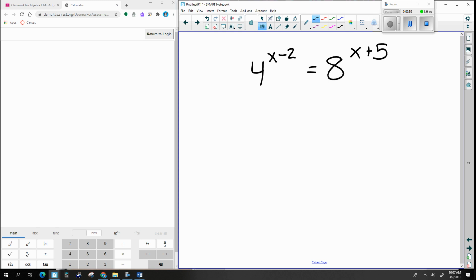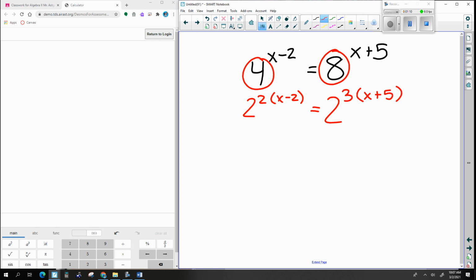What I can do is turn this 4 into 2 squared, and I can turn this 8 into 2 to the third. Then since these bases are now the same, I can cancel them out, and hooray, you can get an answer pretty easily.